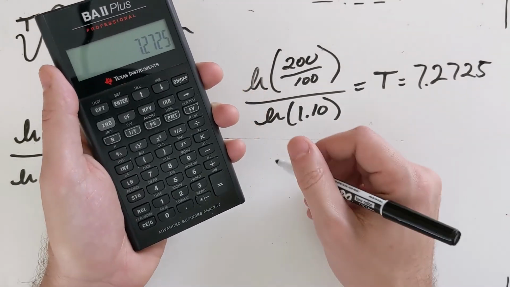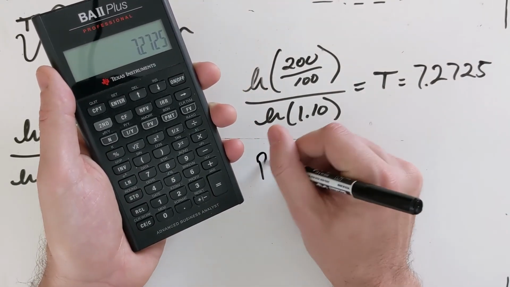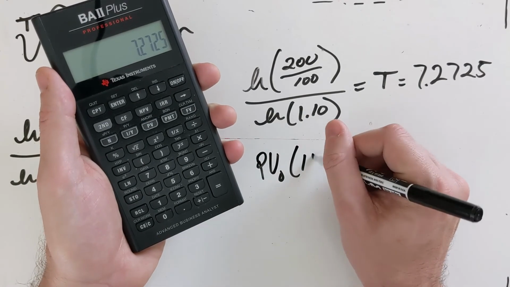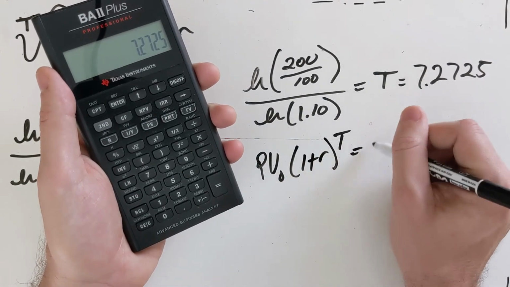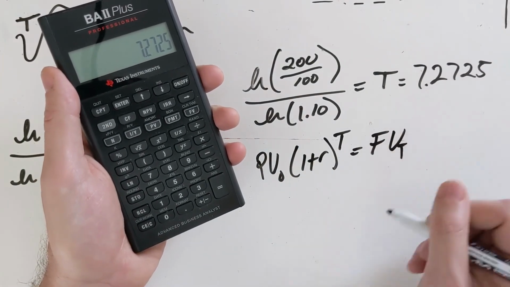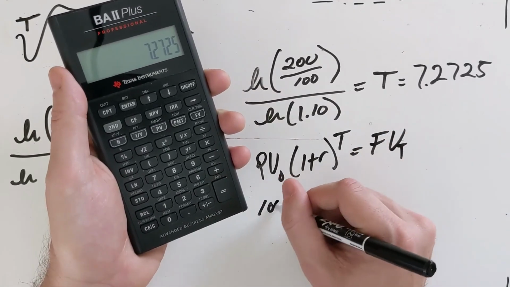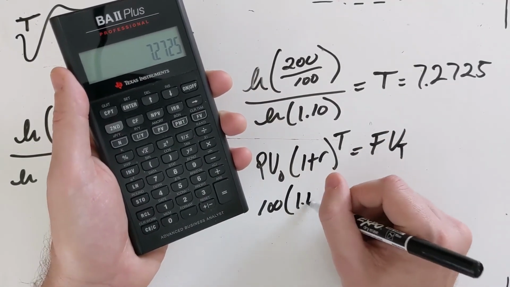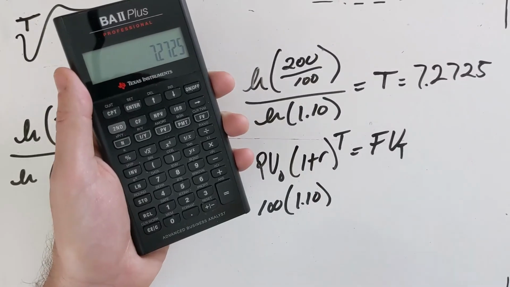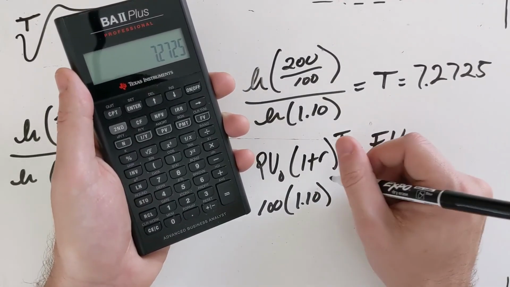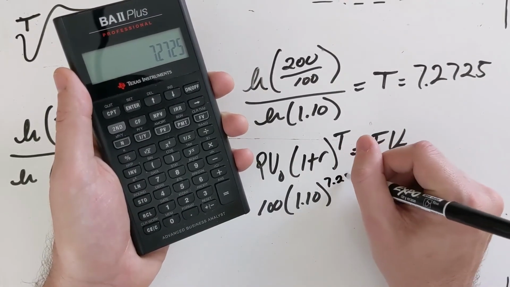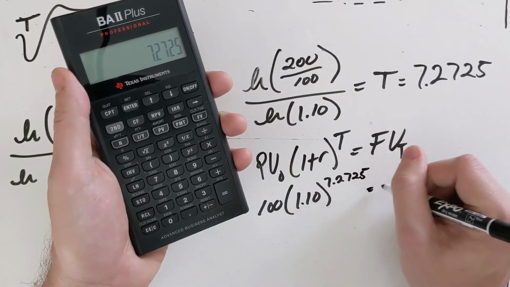Now, does that work? Well, let's find out. Now we know present value times 1 plus r to the t is equal to the future value at time t. The present value was 100, times 1.1, right? 1 plus 10%, raised to 7.2725.